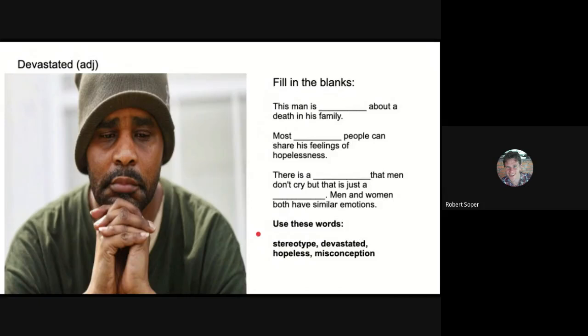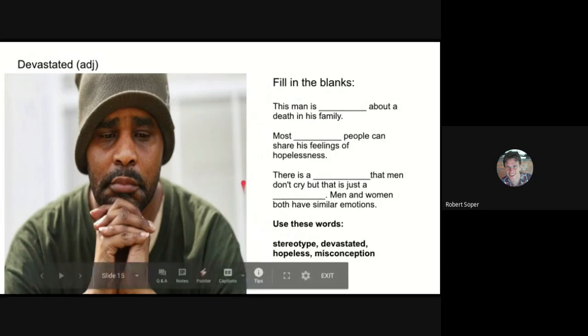And then also think about the meanings of these words. These words all have different meanings. So what words would best fit in these gaps? Okay, pause the video and see if you could fill in the blanks.